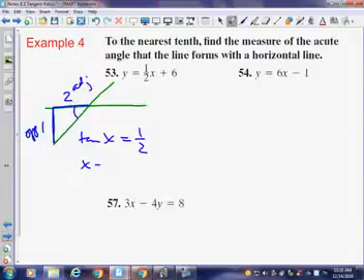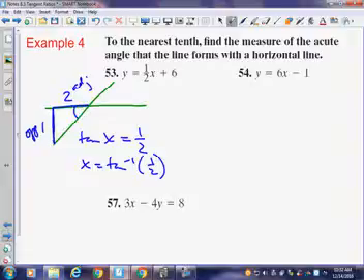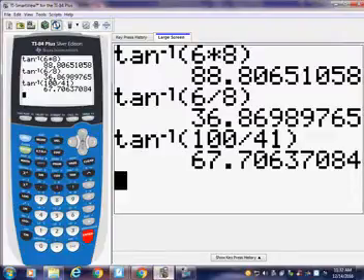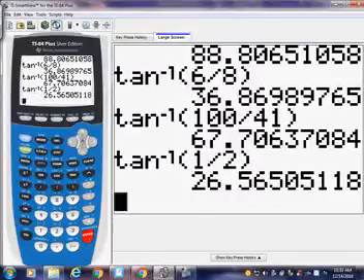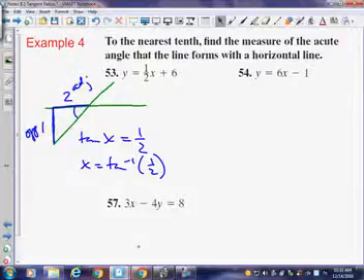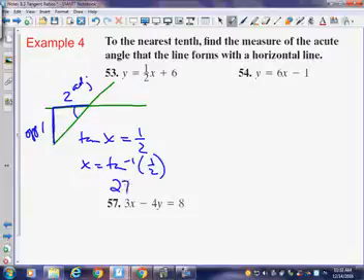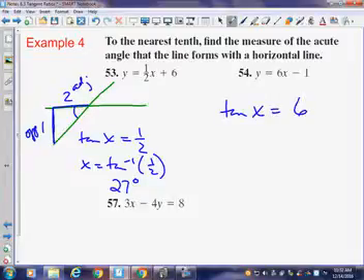So x equals tangent inverse of 1 over 2, which means that I have to type that in my calculator. Second tangent, 1 divided by 2 parentheses, and get 26, rounds up to 27 degrees. 27 degrees. All right, let's try another one. So tangent of x equals 6.